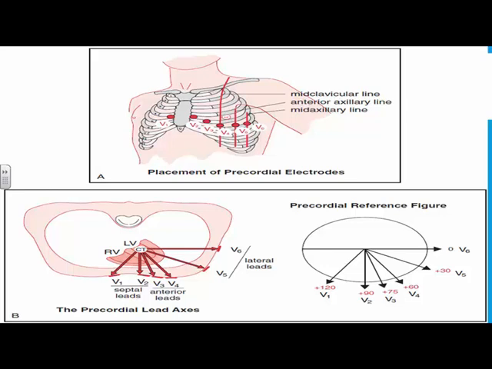Each positive gives me a view, and with our standard precordial leads, they're giving me a view of my left ventricular walls. So what is it going to give me? It's going to give me a view of the lateral, inferior, septal wall, and anterior.